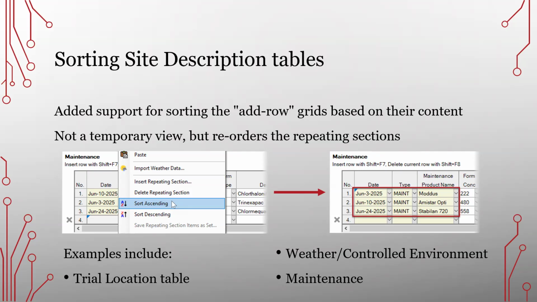In this case, it is actually rearranging the order in the trial. It's not a temporary view; it's actually rearranging in memory how they are ordered. So, a few different examples. The one here in the screenshot that I chose was the maintenance tab.